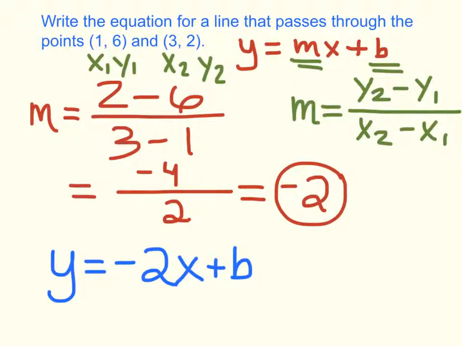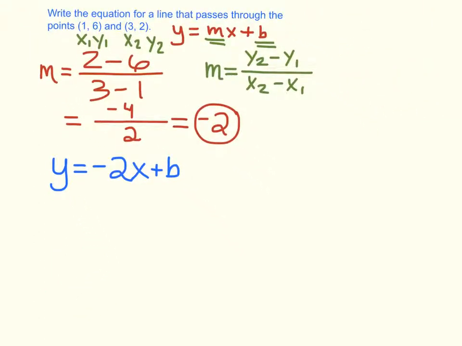So we'll have to find the y-intercept a different way, and one way to find the y-intercept is to take this equation that we have with the slope filled in, and also substitute in an x and y pair that we know is a point on the line, and that will just leave us with b as our unknown, or as our kind of blank we have to fill in. So we can try that out.